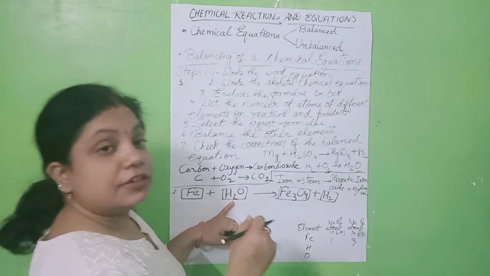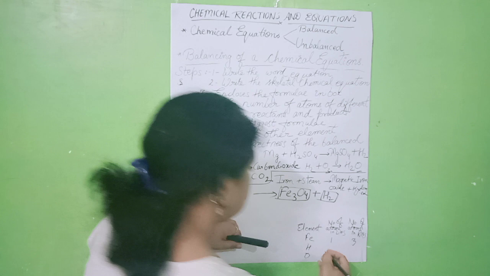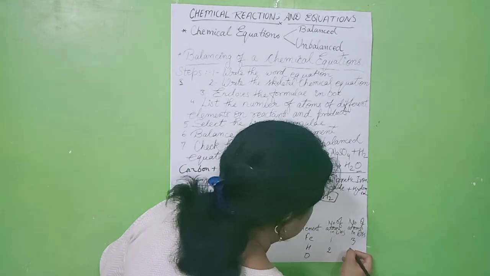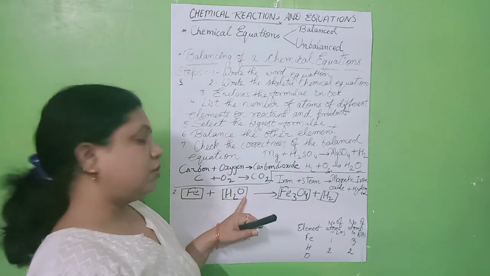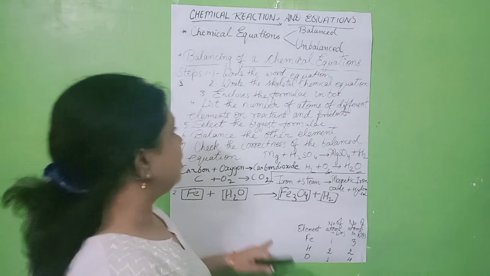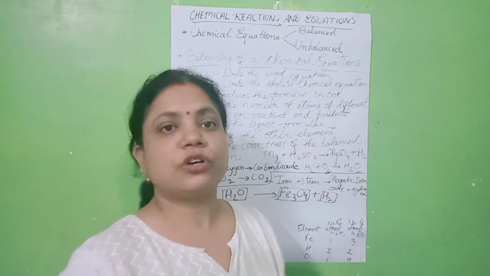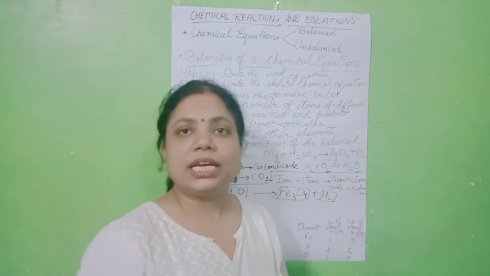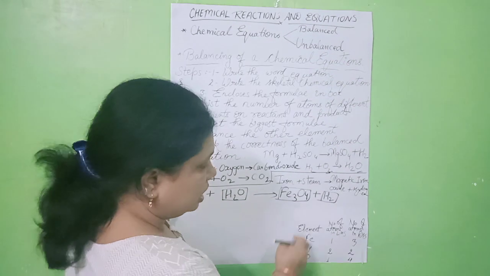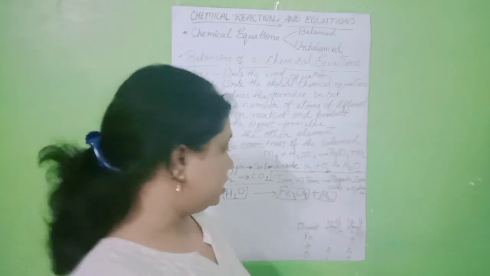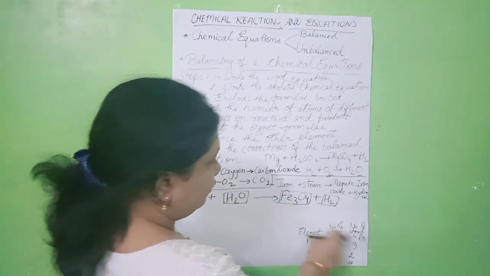Left hand side hydrogen is 2 and right hand side hydrogen is 2. Oxygen is 1 on the left hand side and 4 on the right hand side. So you have written step 4, list the number of atoms of different elements on reactants and products. Is it clear?